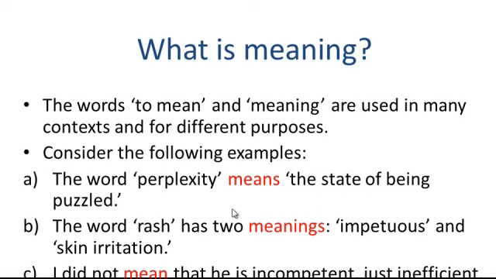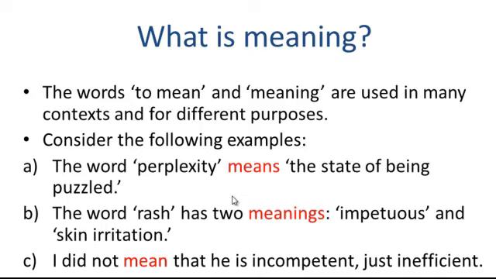When you look this word up in the dictionary, you will find that rush has two meanings. It does not only have one meaning, but it has other meanings. So it is possible that when you look words up in the dictionary, a word may just mean one thing, but other words may have several meanings, just like we are seeing with the word rush. The word rush means impetuous, and it also means skin irritation.